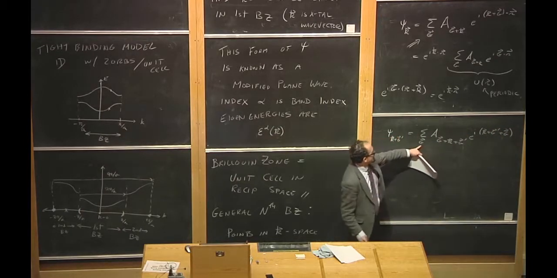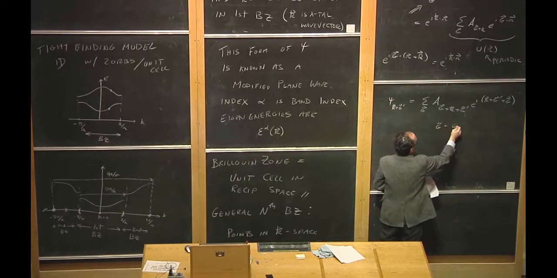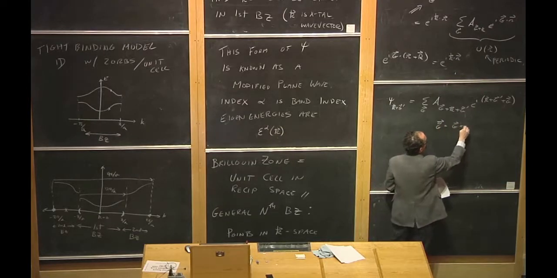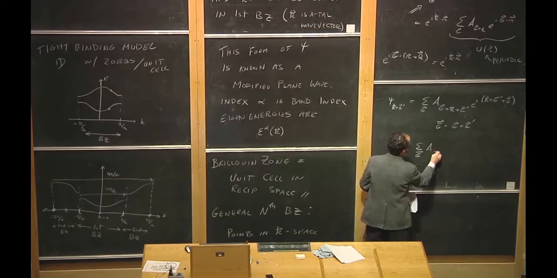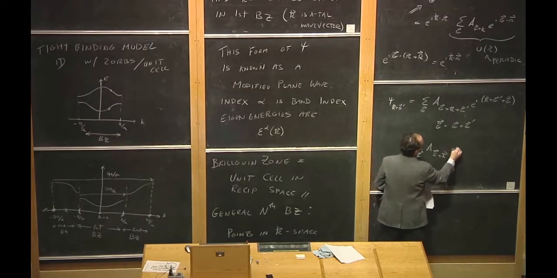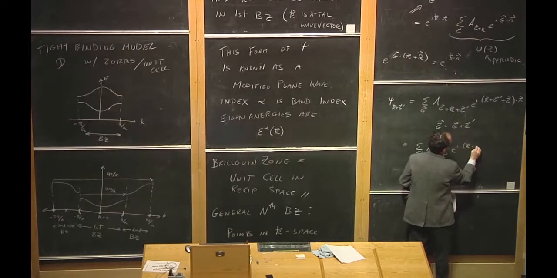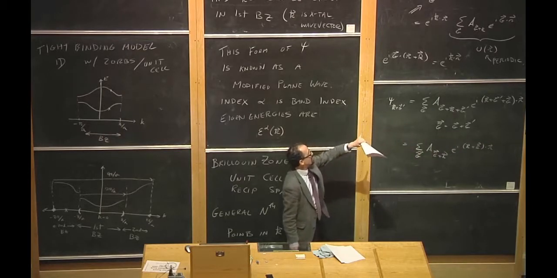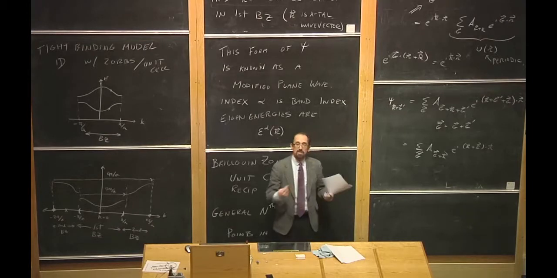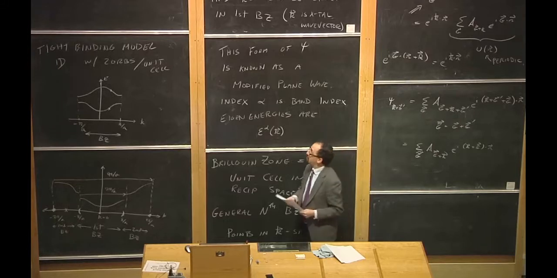But this sum is over a dummy index, so we can define g twiddle vector equals g plus g prime vector. If you substitute that in, that becomes sum over g twiddle of a of g twiddle plus k, e to the i k plus g twiddle dot r, which is exactly the same expression that we started with. So if you shift k by a reciprocal lattice vector g, you get back exactly the same wave function, which was what we were trying to answer in the first place.